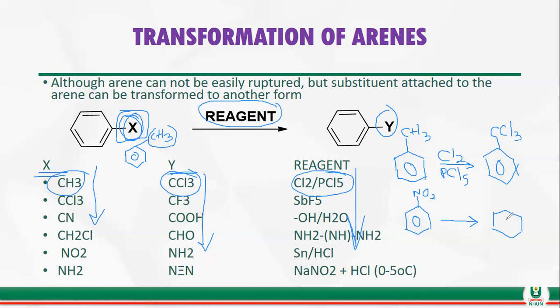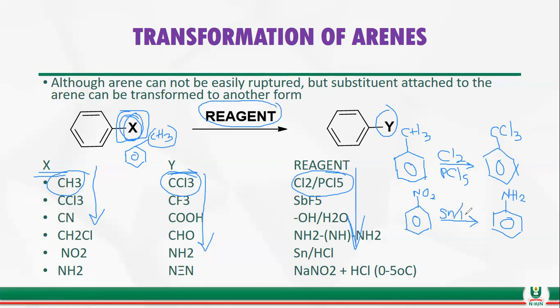Aniline is a benzene ring that has an NH2 group attached to it. If I'm asking anybody, how can you transform nitrobenzene to aniline, what will you do? You use tin and hydrochloric acid as reagent. Very good. Tin in HCl.